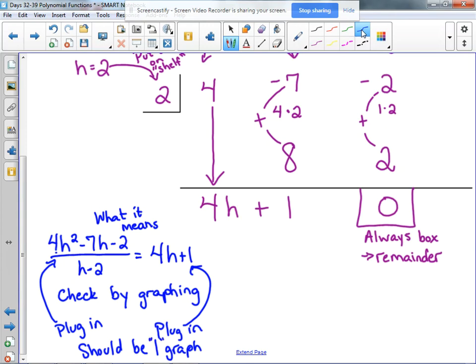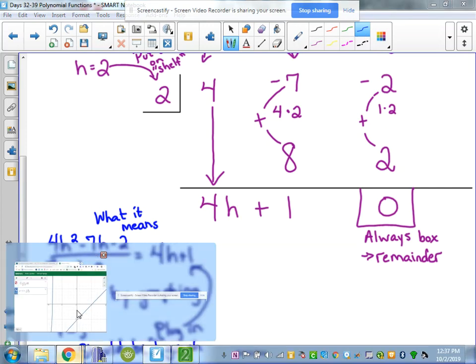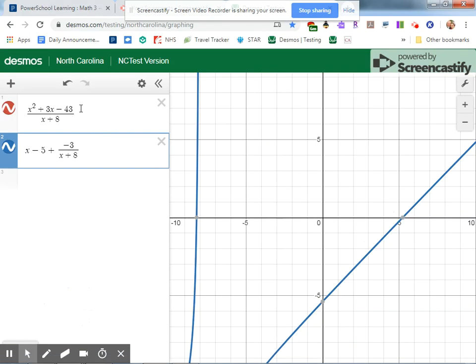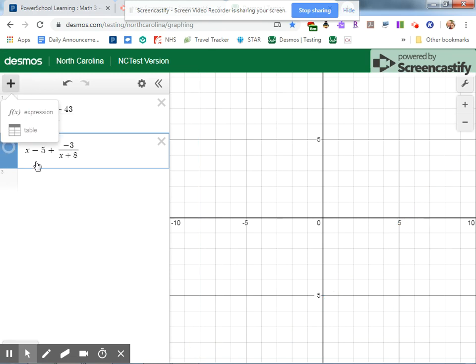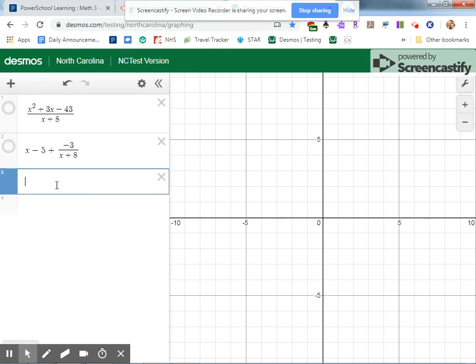And what I mean by one graph, while you're writing that, I'm going to go ahead and type this into Desmos. So we type in our equation. Don't use h. Remember, we always want to put in x's.